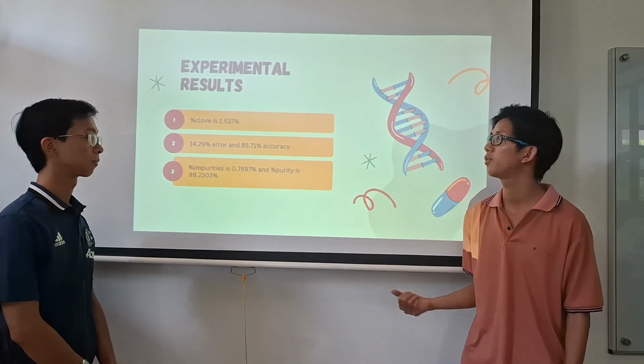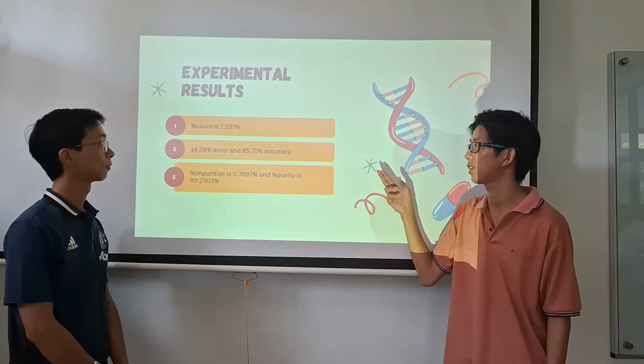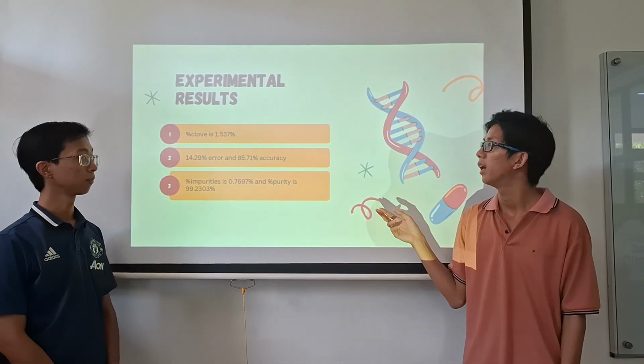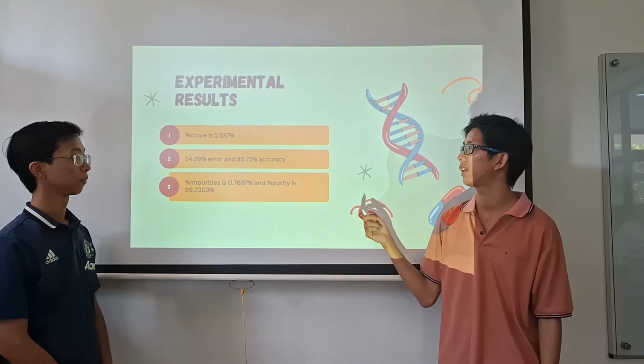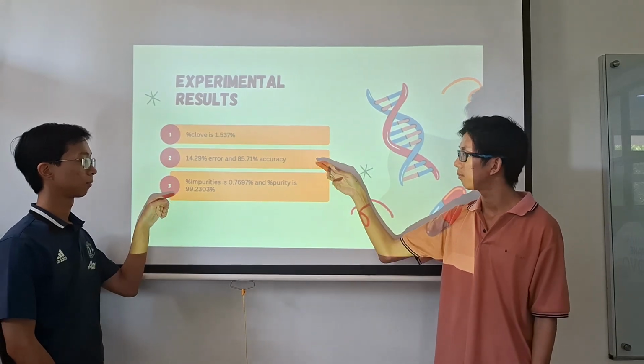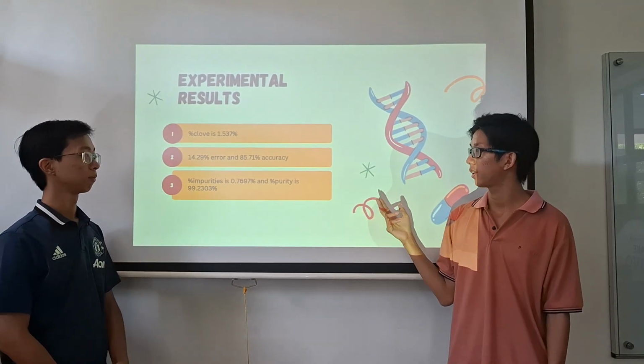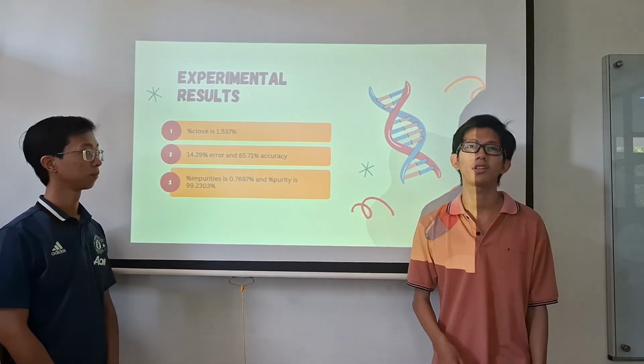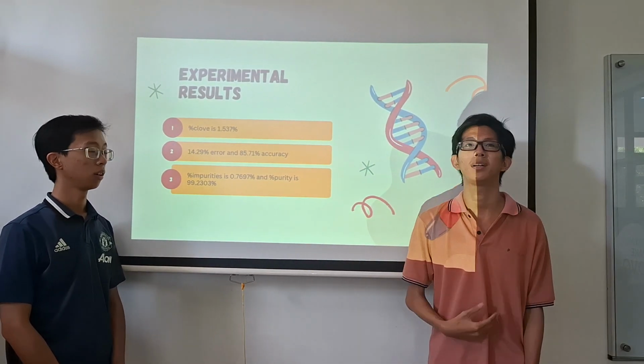So the result is the clove percentage is 1.537%, and for the refractive index we get an error of 14.29% and an accuracy of 85.71%.